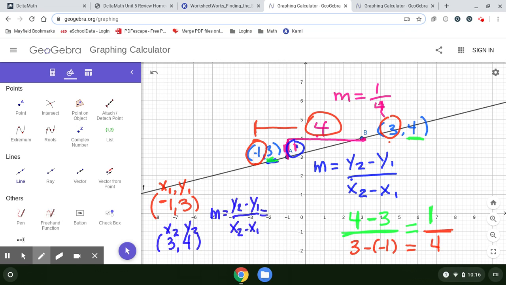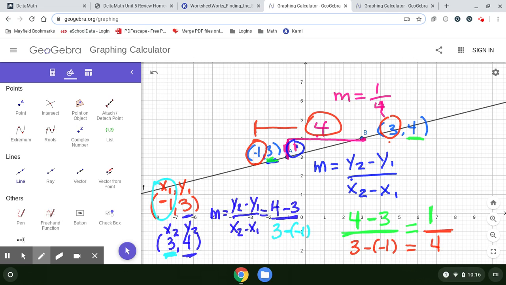I'll take my y2, which is 4, minus my y1, 3, over x2, which is 3, minus x1, negative 1.